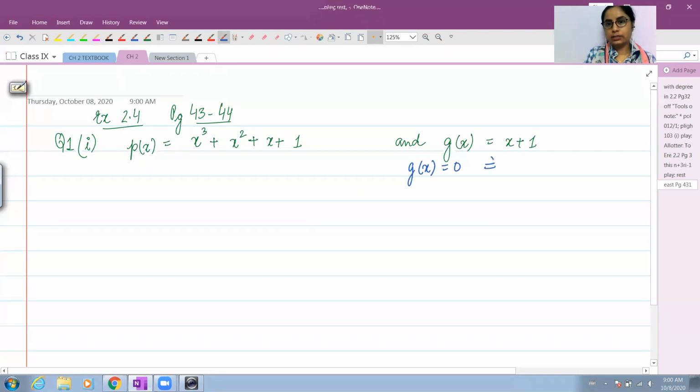So let's take gx equals to 0. From here, we will have x equals to minus 1. And now we are going to find p of minus 1. This is the remainder.